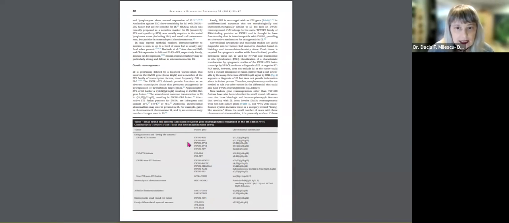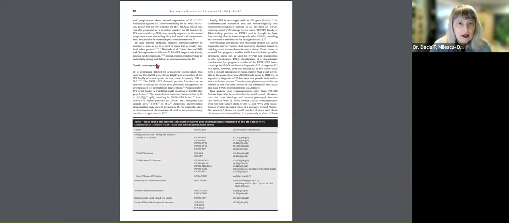And then there is a genetic basis, and these are the gene sequences and the chromosomal abnormalities. Of course, if I was to do this assignment, I would list it as best I could, because remember, this is not like a huge research paper or anything. It's like 300 to 500 words, right?